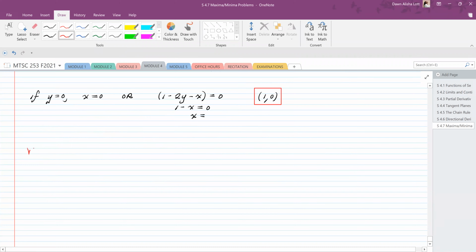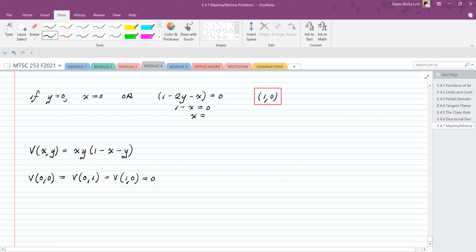So the volume at (x, y) was x times y times (1 minus x minus y). Therefore V at (0, 0), V at (0, 1), and V at (1, 0) are all 0.